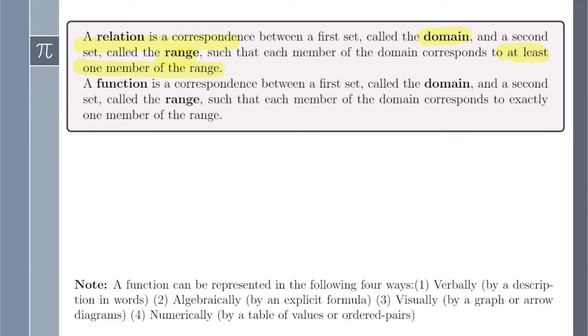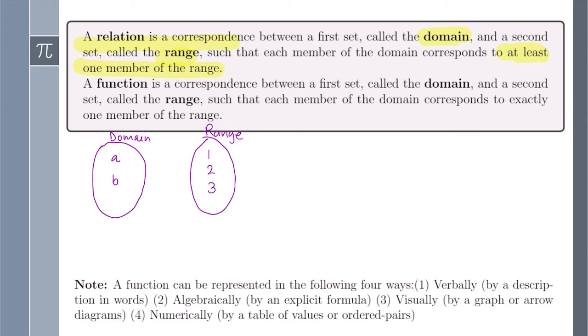Let's say we have two sets. The first set is called the domain, and the second set is called the range. Now let's say I have some elements in the domain, A and B, and some members in the range, 1, 2, and 3.